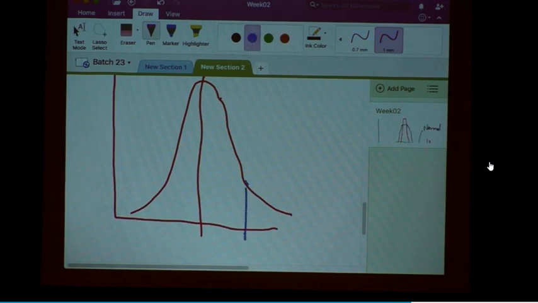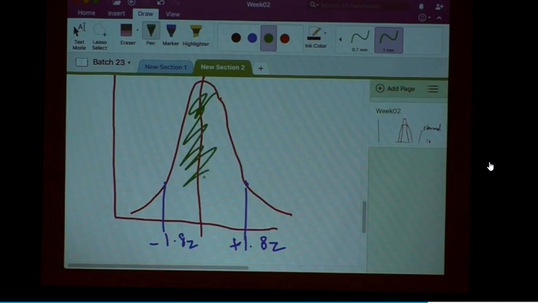But now I am saying, is the sample mean within plus 1.8 sigma and minus 1.8 sigma? So when I look up that 96.41, what I get is 96.41.